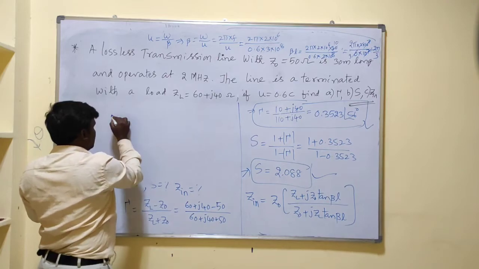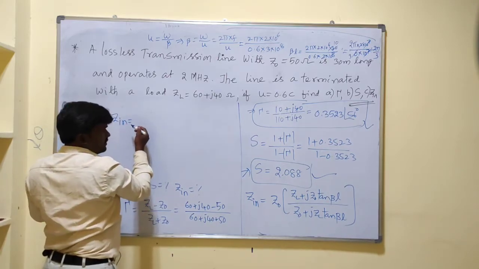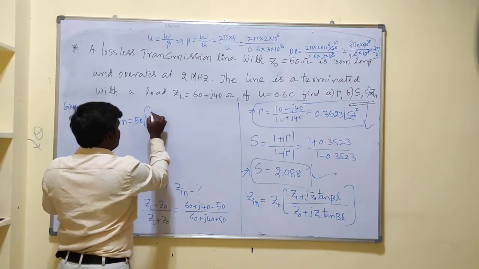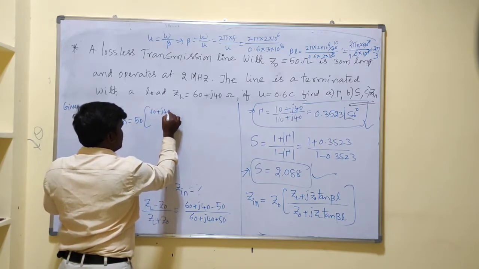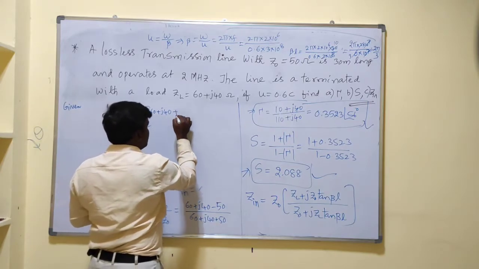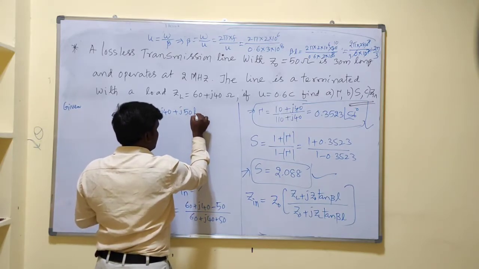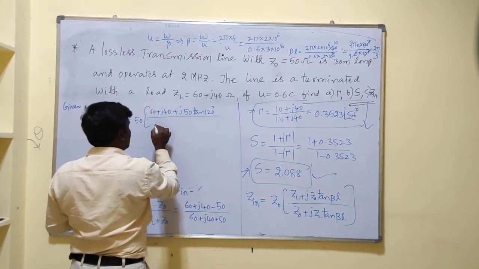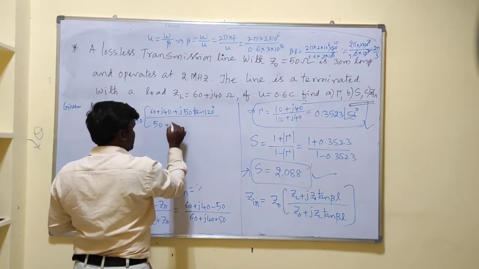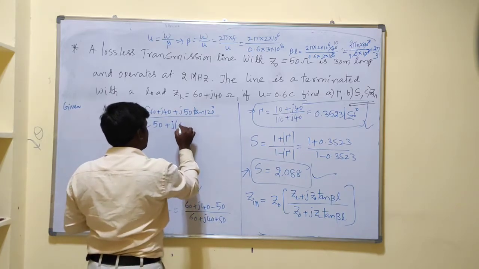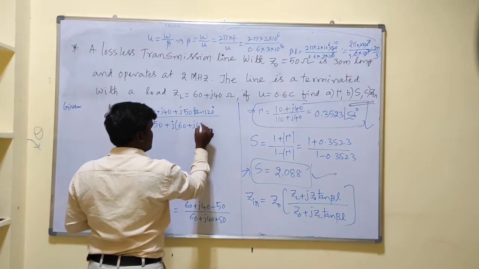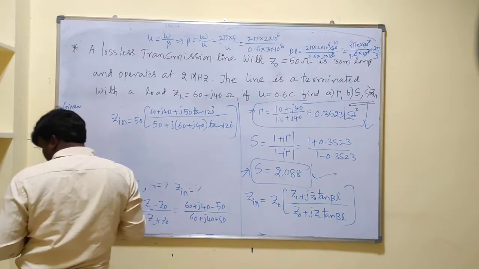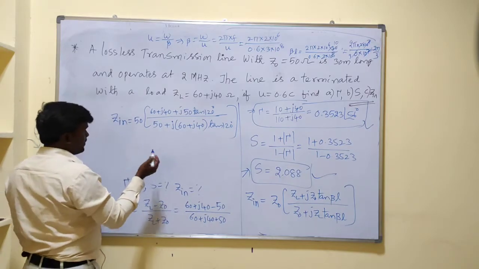Zin equals Z0, which is 50 ohms, times ZL, that is 60 plus j40, plus j into Z0, that is 50, tan 120 degrees, divided by Z0, that is 50, plus j into ZL, that is 60 plus j40, into tan 120. The tan 120 value is minus root 3.